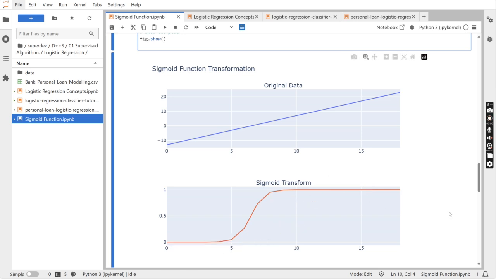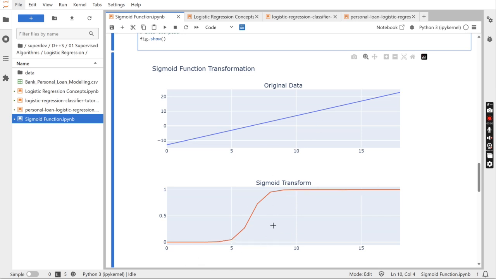Essentially, what we have to understand here is that the sigmoid function can take any set of values and make it into an S-shaped curve. You can pass any values here. Not only a straight line, you can pass even a quadratic line. It will still try to curve in the sigmoid form. But the challenge is that you have to transform the quadratic thing first, and then pass it to sigmoid.